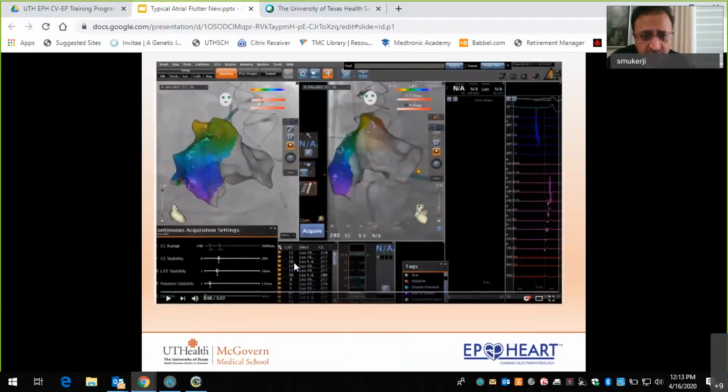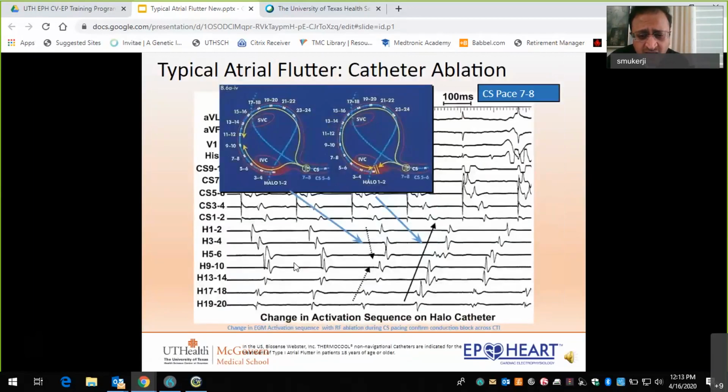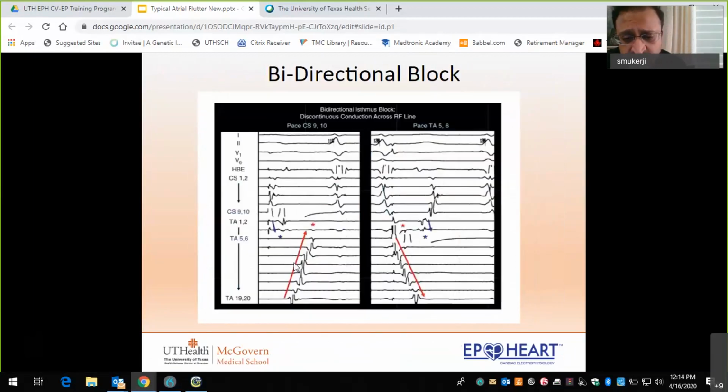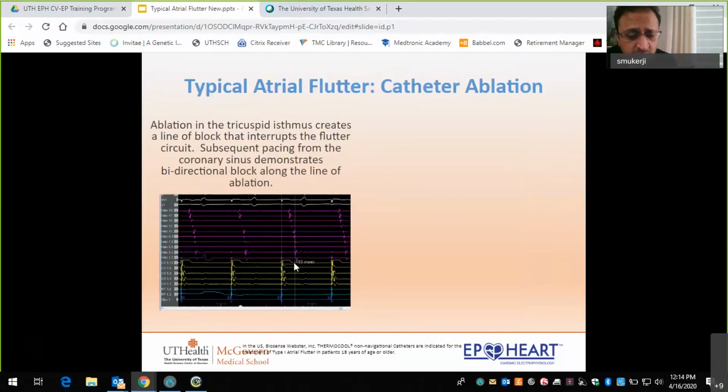The other thing we talk about is the direction of block. Honestly, that doesn't play that much of a role for CTI blocks. That's more important for mitral isthmus blocks, and we'll address that when we talk about mitral isthmus ablation. But that's essentially what we're talking about, bidirectional block.